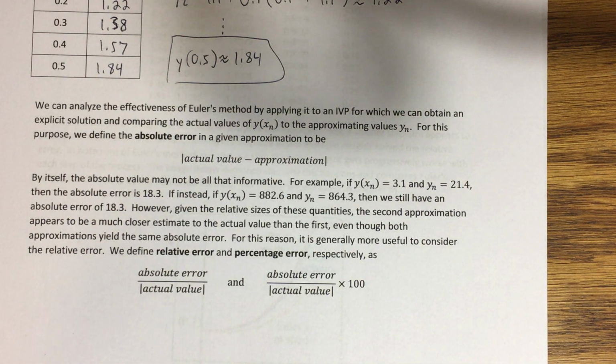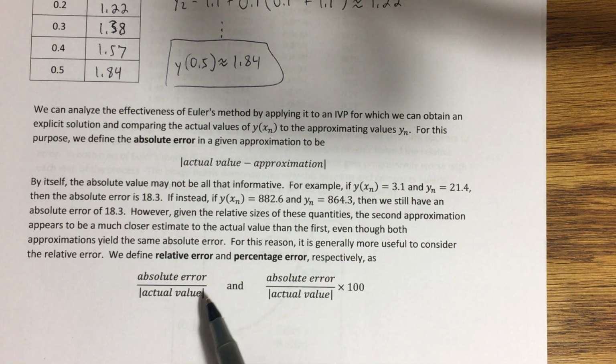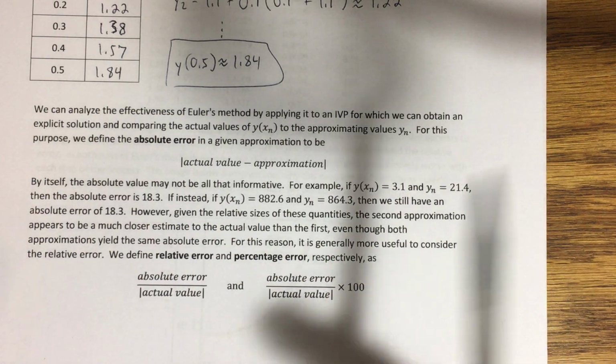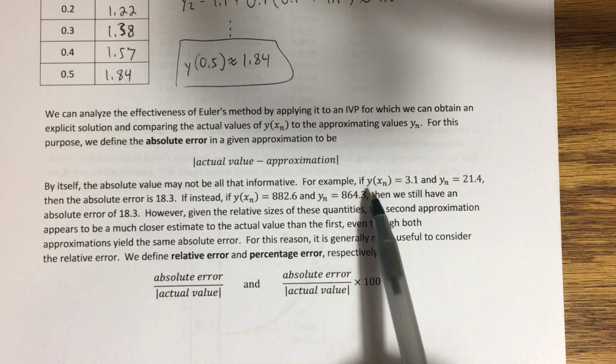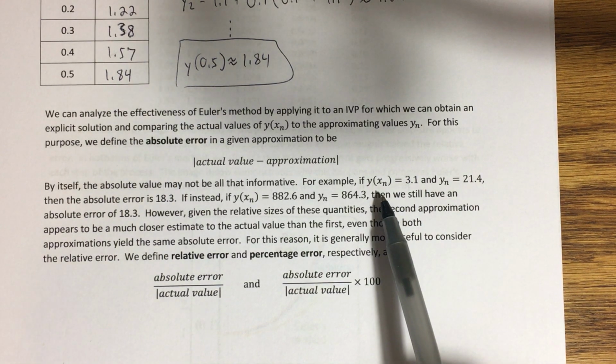Absolute error by itself is not a very useful measure of error, and here's the reason why. I walk through an example down here. Suppose you have some solution that you're trying to approximate for an IVP, and you happen to also know the true solution.